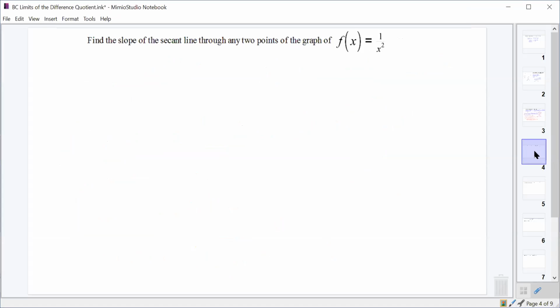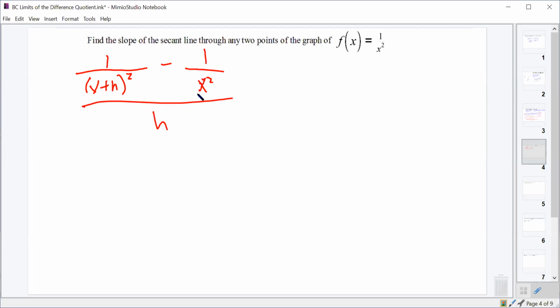Let's see if we could do it with something like 1 over x squared, just to sort of remind ourselves how these work. So we're going to do f of x plus h, 1 over x plus h squared minus 1 over x squared all over h. And how are we going to simplify this complex fraction?